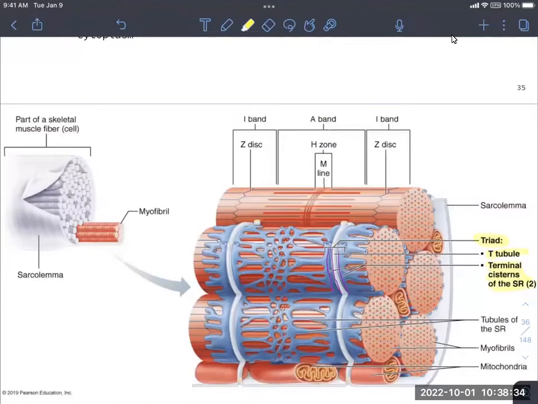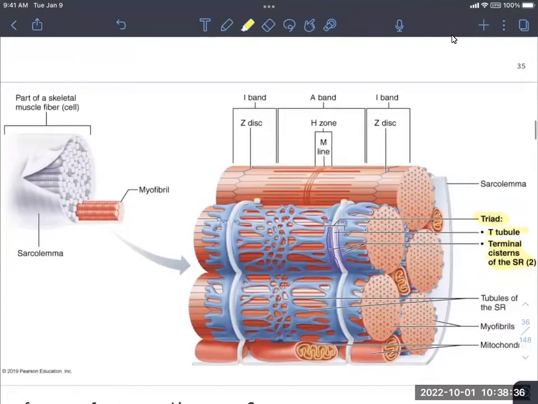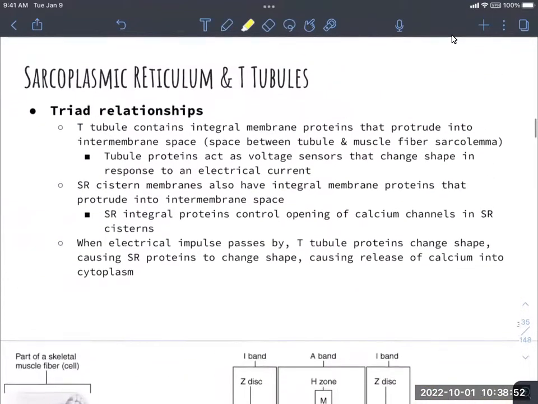And each part through here, those are the tubules of that sarcoplasmic reticulum. It feeds the calcium that we need so muscles can contract.